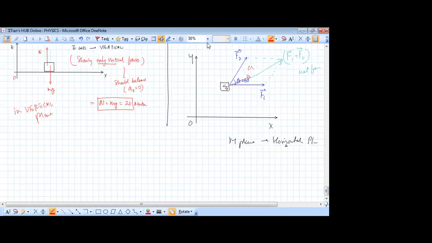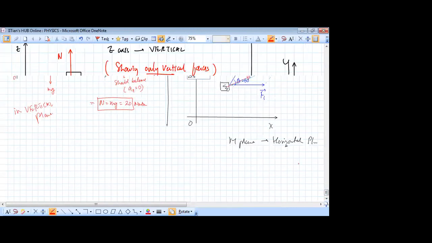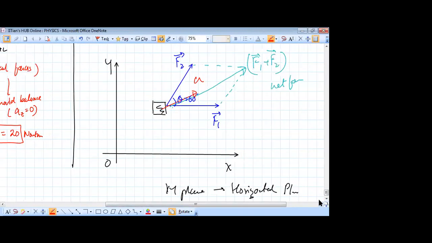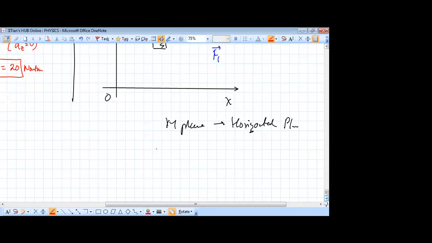So now you have to just apply your knowledge of vector algebra. Okay. So F net is F1 plus F2. Now in this, the magnitudes of F1 and F2 are given to you. They are both 2 newtons each, and theta is equal to 60 degrees.